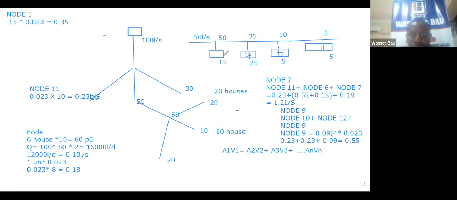So node 3 is going to be 15 houses, which I said in real life you have to multiply by 20 to make up for the ones that are huge.